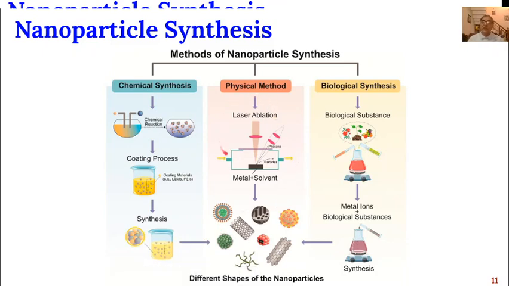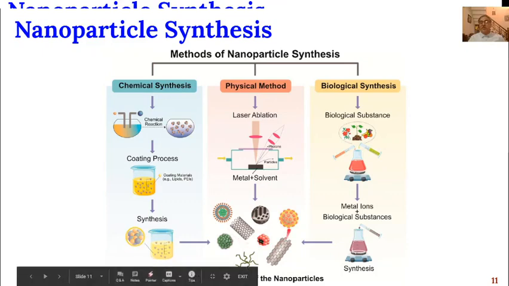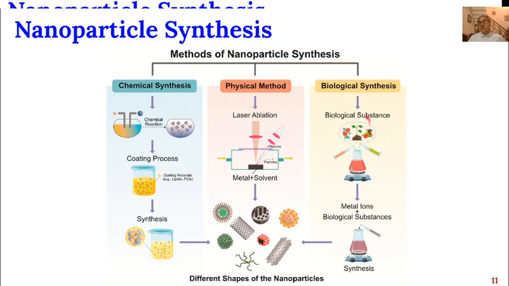Whereas in physical method, a laser ablation is done to synthesize metal nanoparticles in a solvent, and then those can be transformed into different types of nanomaterials. Then in biological synthesis, biological substances are used for the formation of nanoparticles. So metal ions and biological substances will be mixed to give us various types of biological nanomaterials.